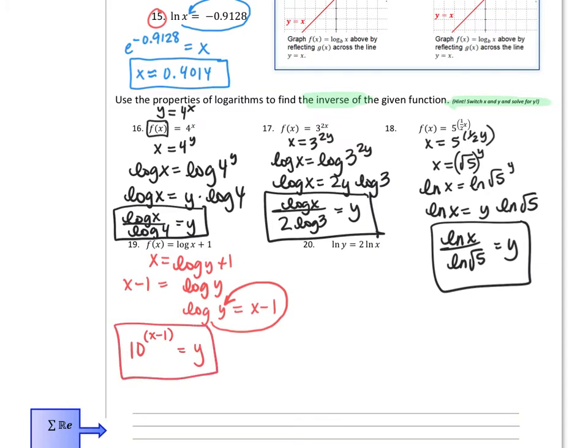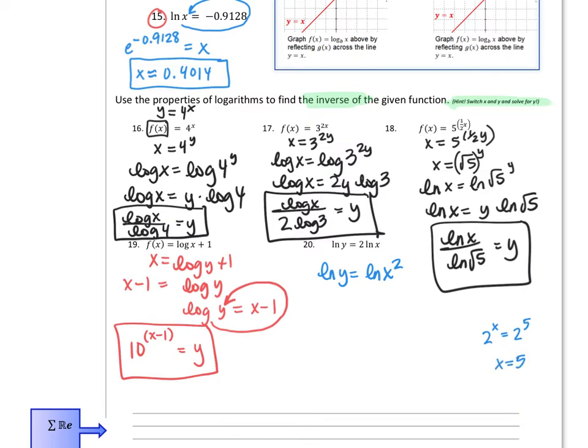And then the last one here, let's see. This one, can I rewrite this as ln y equal to ln x squared? Yes, I can, because remember that's just that power property. Now, if you remember the one-to-one property with the exponents, for instance, if I had, say, 2 to the x equal 2 to the 5th, then x is equal to 5.